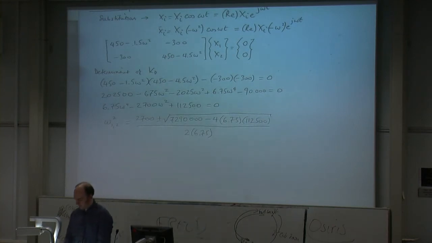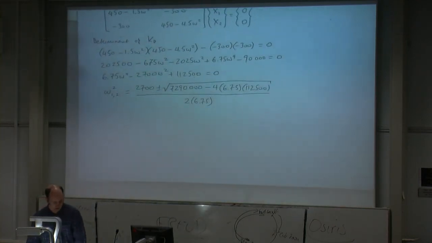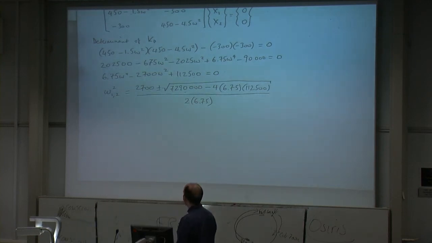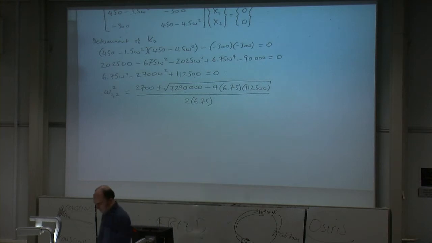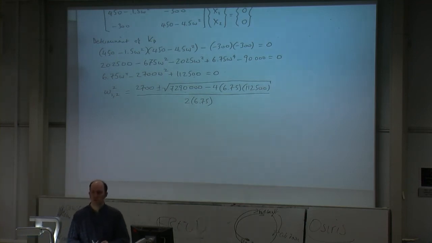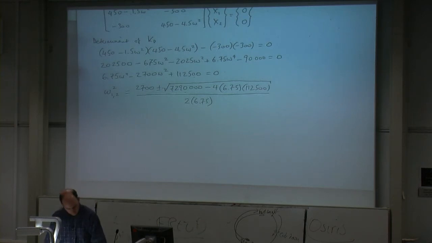These numbers look scary, but obviously you have a calculator in the exam, so you shouldn't have any problems. You could divide all these numbers by 6.75 to make a equals 1, and those numbers would obviously be somewhat smaller, but it's up to you how you do it. You should result in the same solution either way.